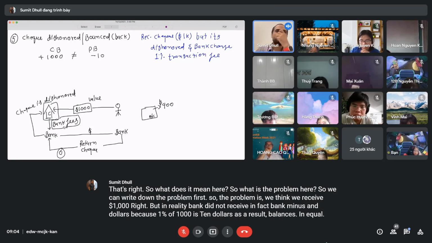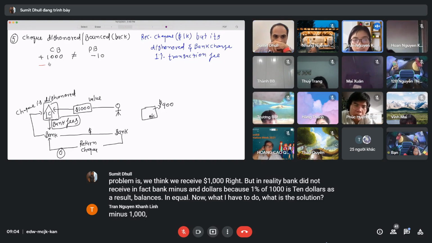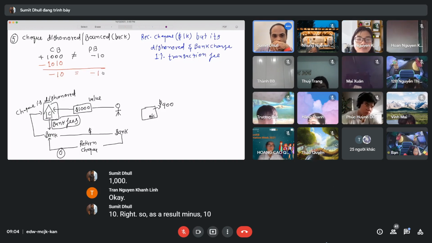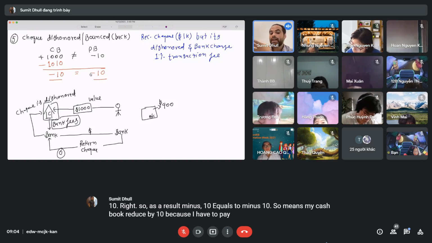Now what do I have to do? What is the solution? Minus 1,000 and one more minus 10. So as a result, minus 10 equals minus 10. It means my cash book is reduced by 10 because I have to pay, and my bank also is reduced by 10.